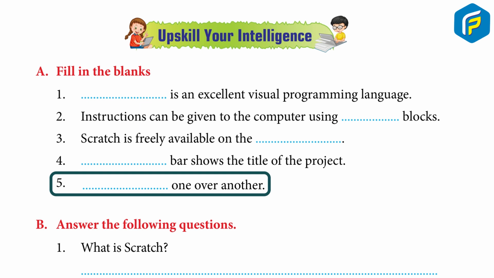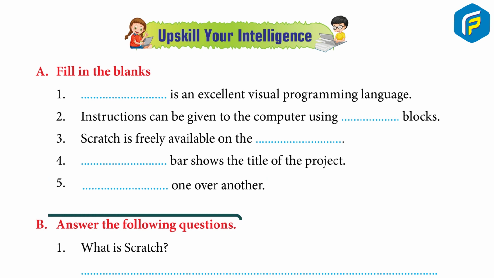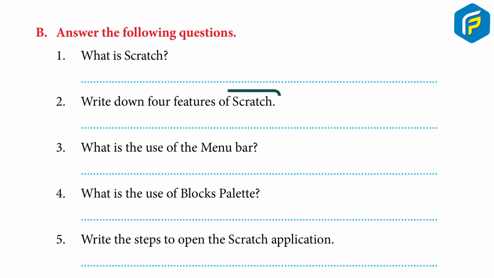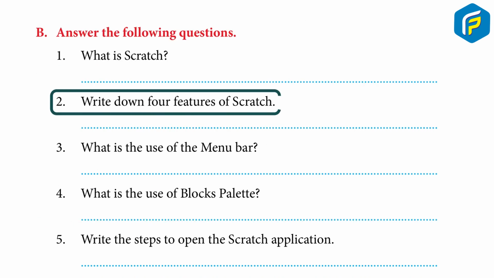Answer: Blocks. B. Answer the following questions. 1. What is Scratch? Answer: Scratch is an excellent visual programming language where we can create interactive narratives, games and animations. 2. Write down 4 features of Scratch.